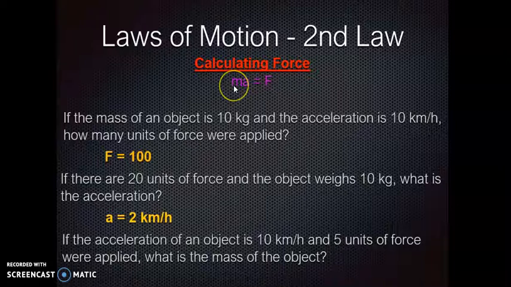I want to find out what the mass of the object is. So what do you think that's going to be? Here it comes. Our mass equals 0.5 kilograms, because I took my units of force and divided it by 10. That gives me half a kilogram.